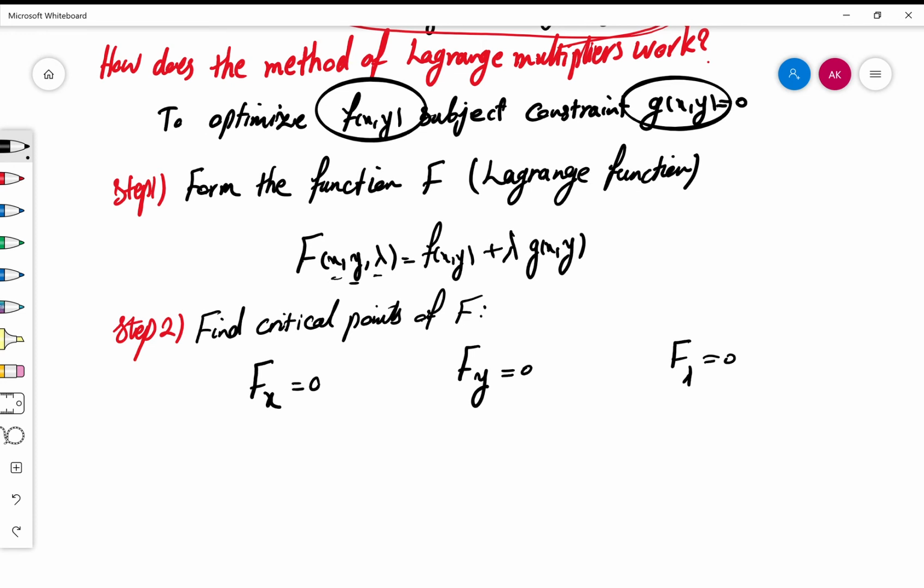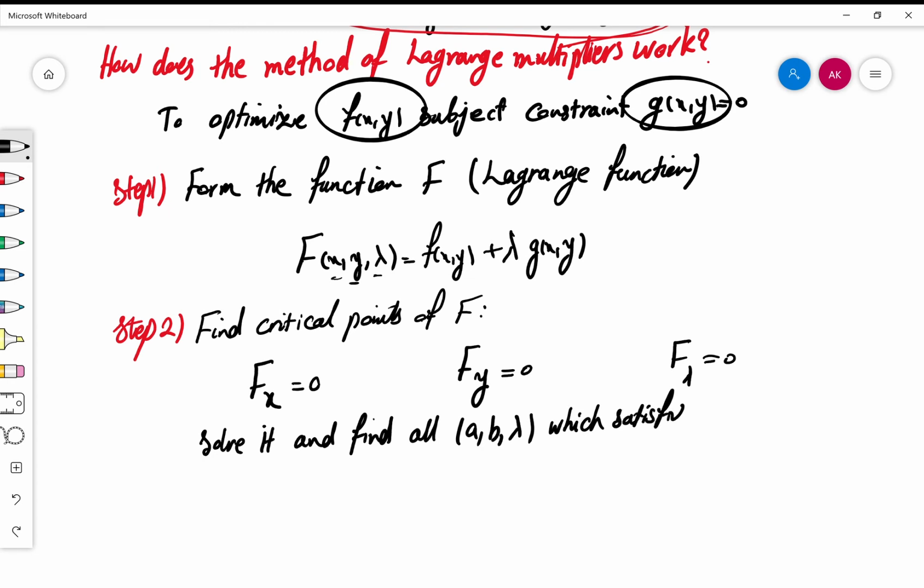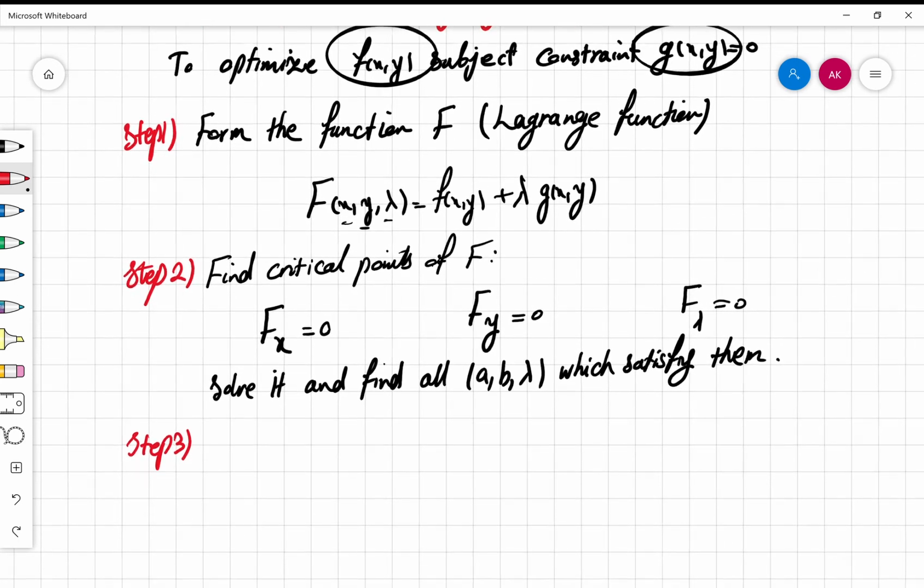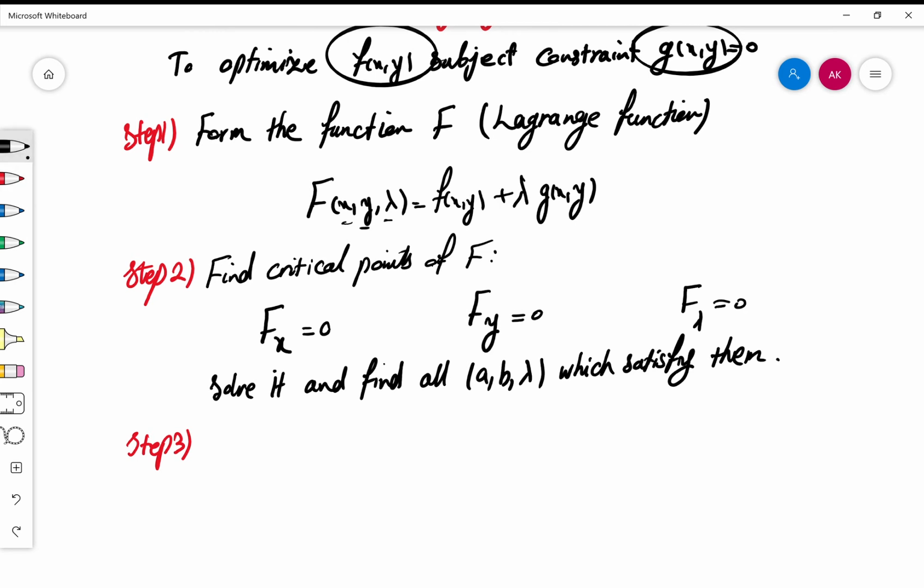Then solve and find all a, b, and lambda which satisfy the above equations. For this course you don't need to worry much about this: usually you will get one or two points, and that will be enough.